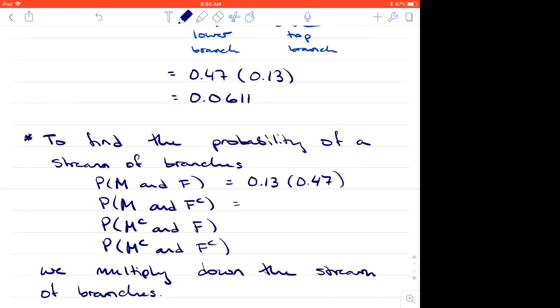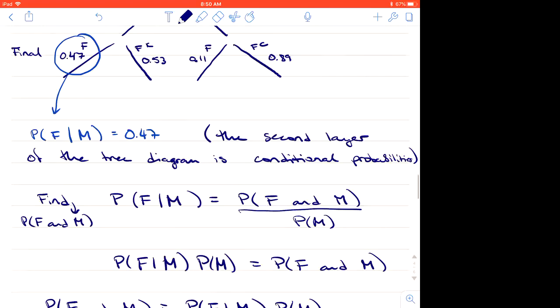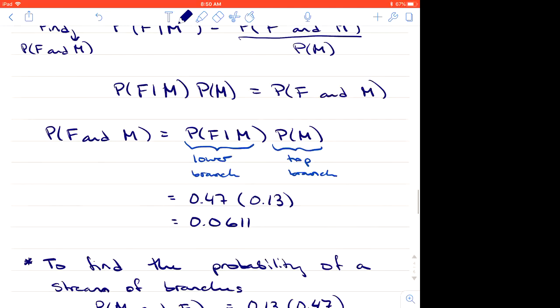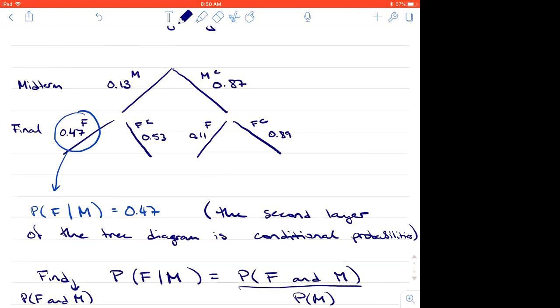Probability of M and not F is 0.13 times 0.53. Not getting an A on the midterm and getting an A on the final, it's 0.87 times 0.11.